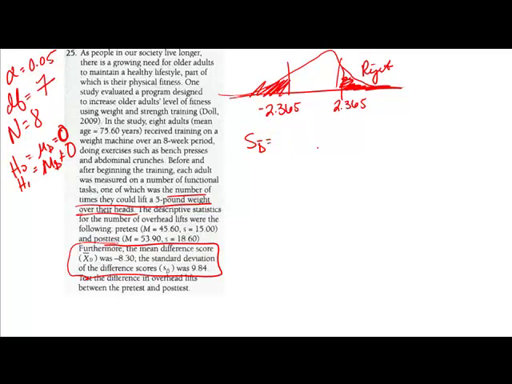Sorry, had a moment here. I'm wondering if we need to compute this. Usually they don't give you this standard deviation. No, we still need to do the standard error.